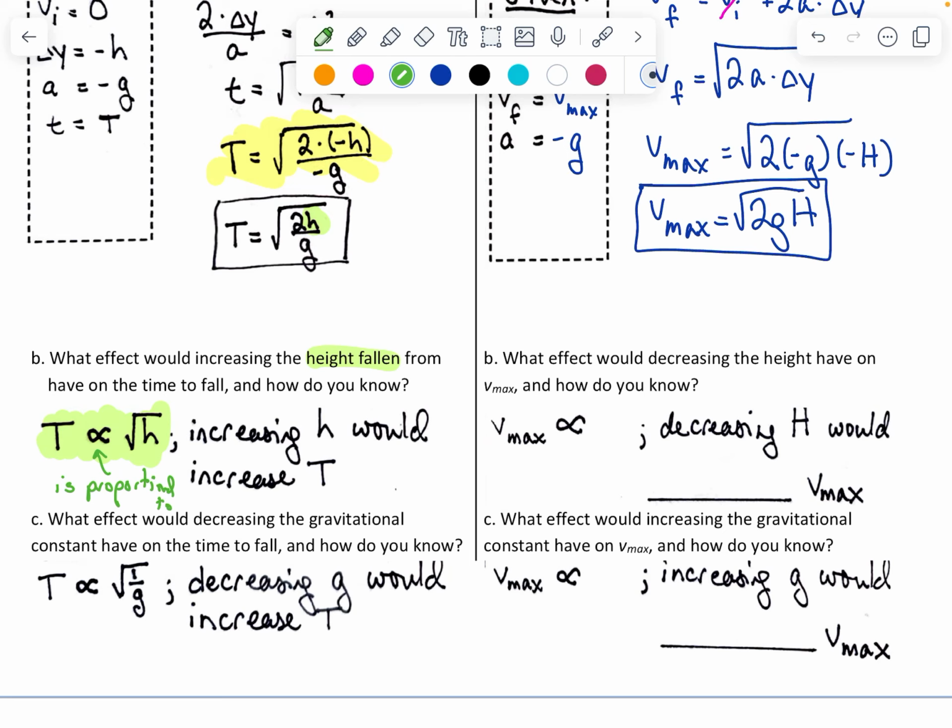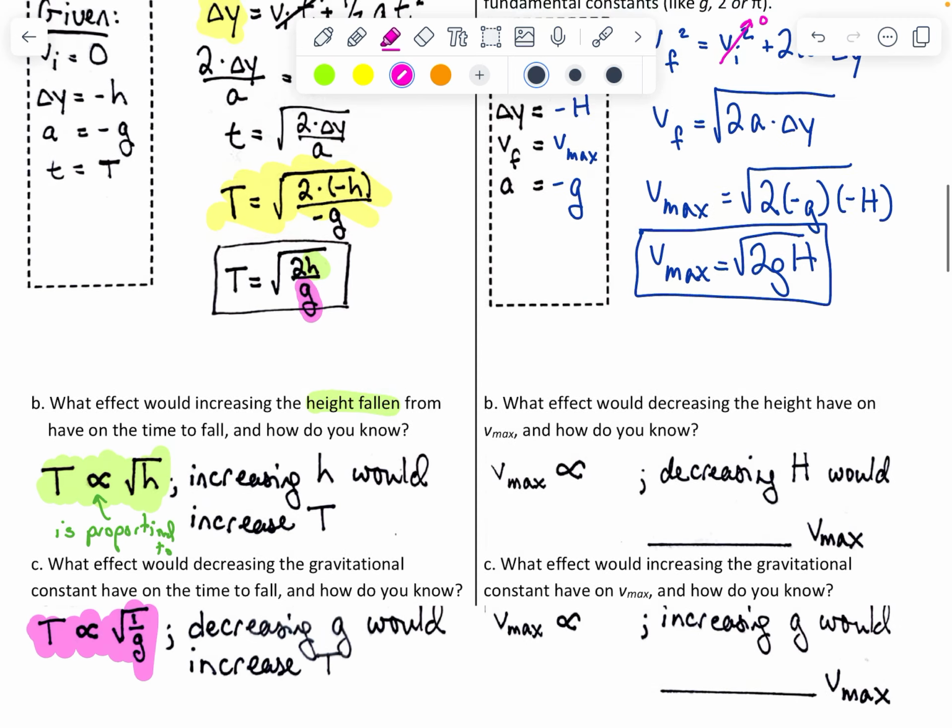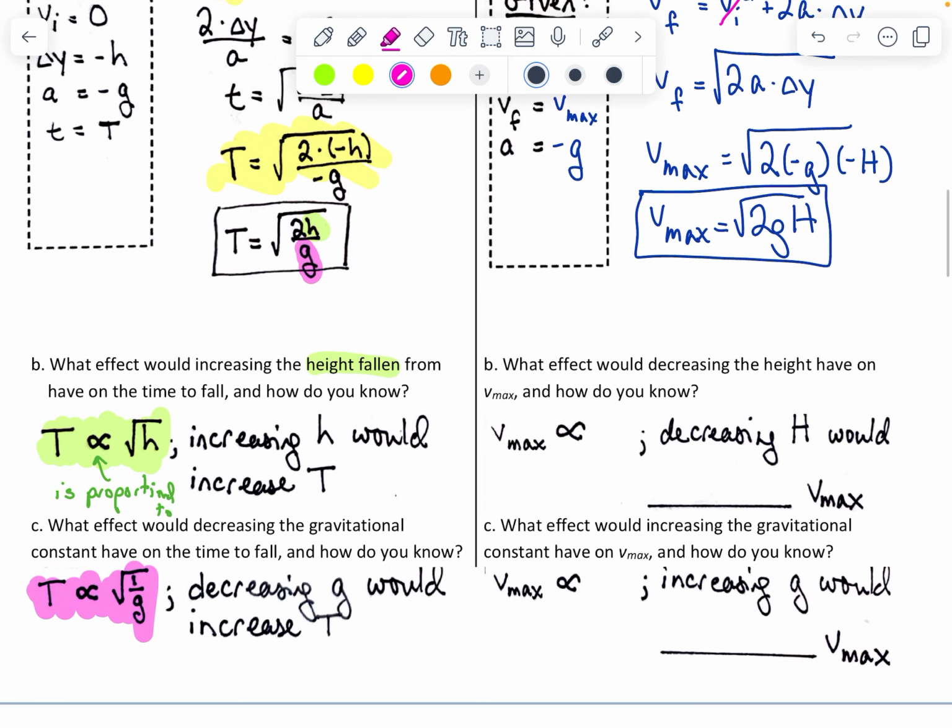So time is proportional to the square root of the height. Increasing the height would increase t. G is in the denominator. So if g goes up, t goes down, and in this case it's asking about decreasing, so if g goes down, t would go up. Okay, so on B, what effect would decreasing the height have on Vmax?